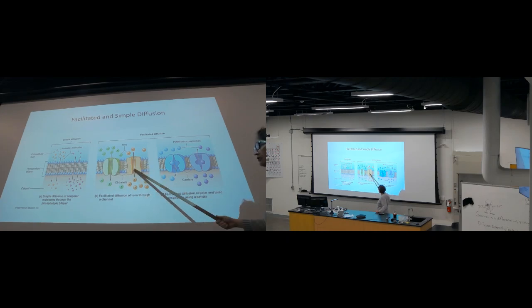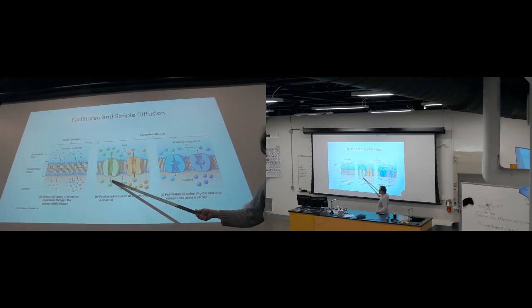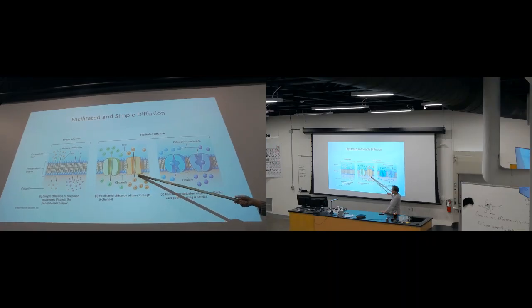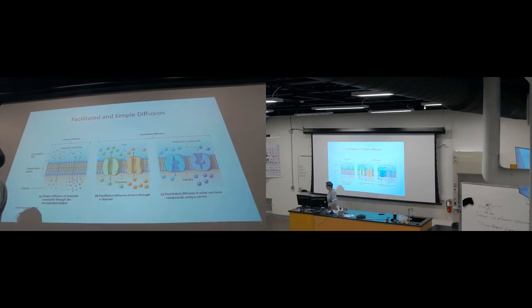Again, there is no physical interaction, but maybe this ion is larger than this, and that's why it fits only through here. And maybe it has a three-dimensional shape that doesn't make it fit in here. So that's facilitated diffusion. Any questions so far?